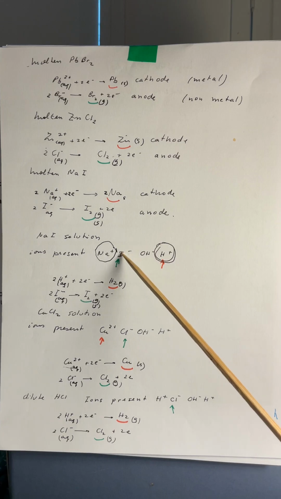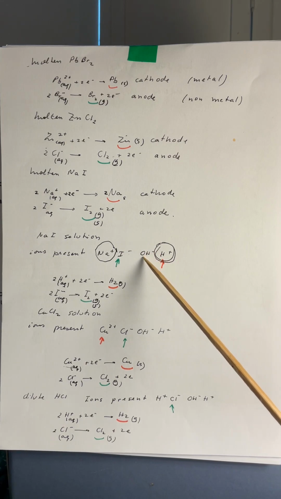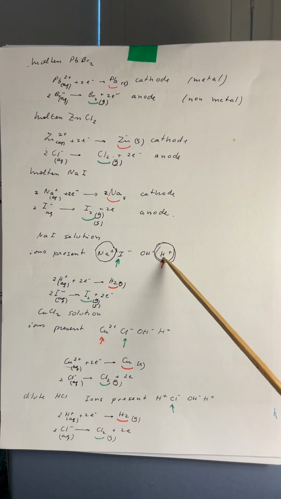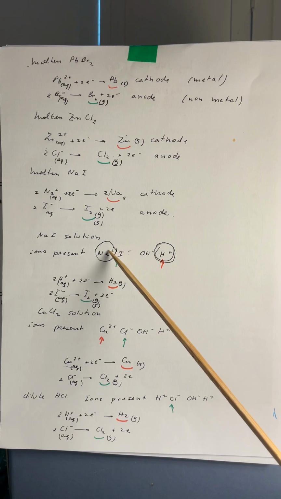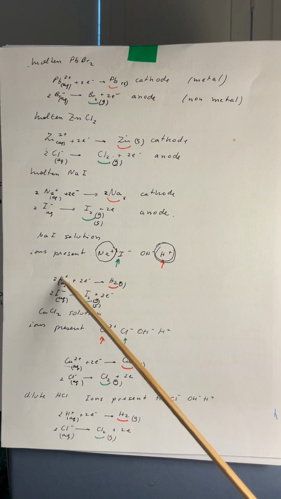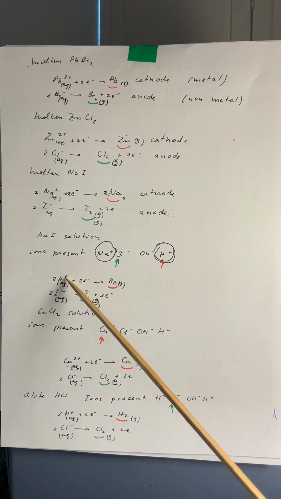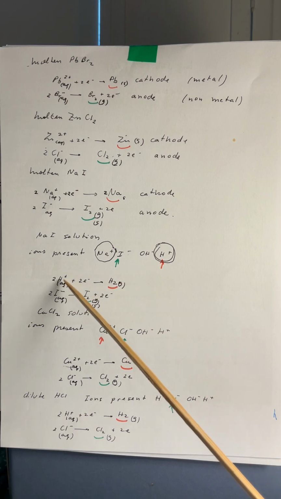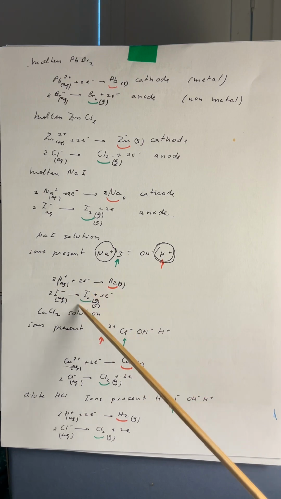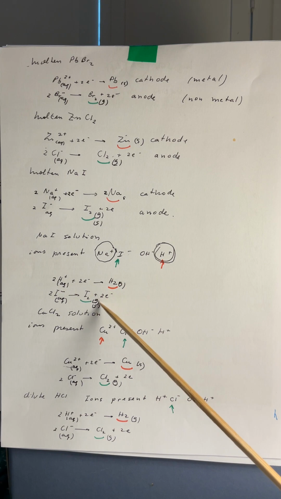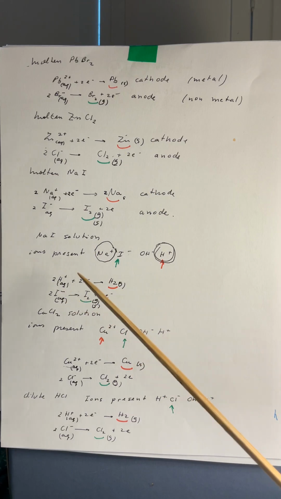So iodide in preference to hydroxide, hydrogen in preference to sodium. So it's hydrogen ion that forms hydrogen gas, iodide that forms iodine. I can't remember if it is gas or solid at room temperature, either of them.